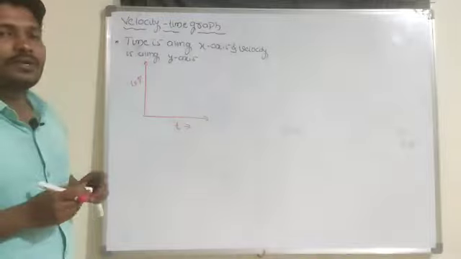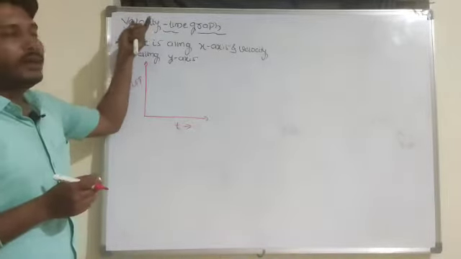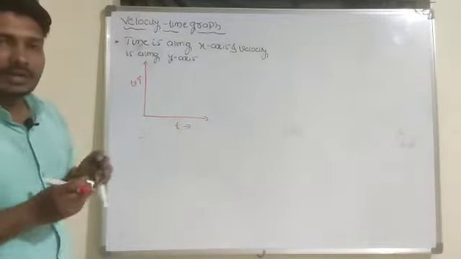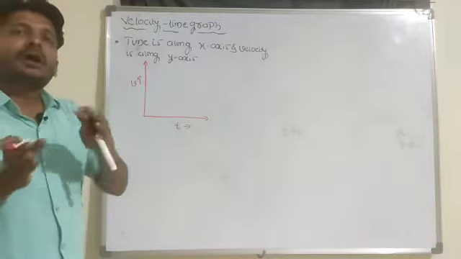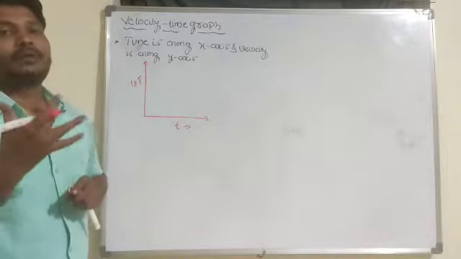Now let's look at the different cases, that is, the nature of the graph, for a velocity time graph if the object is moving with uniform velocity or with uniform acceleration.